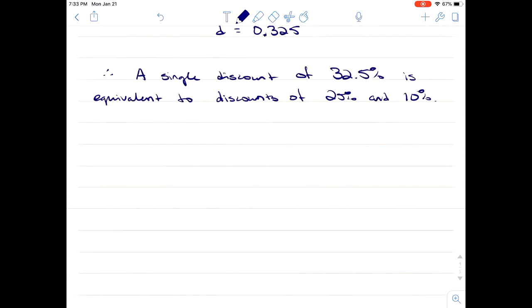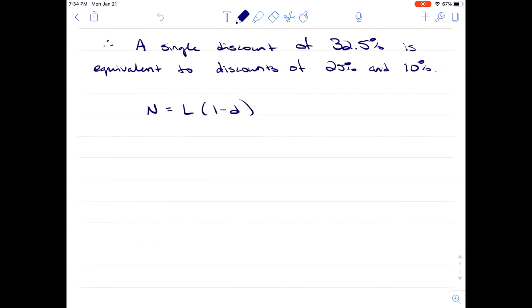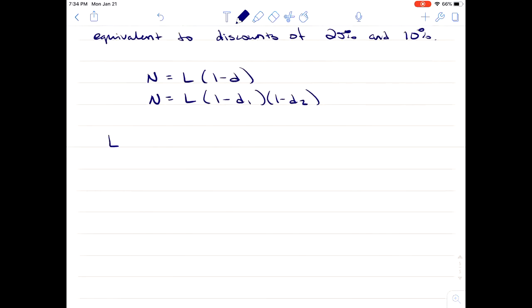So what we have is N equals L times 1 minus D. And we also have that N equals L times 1 minus D1 times 1 minus D2.